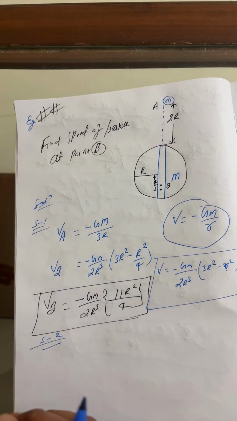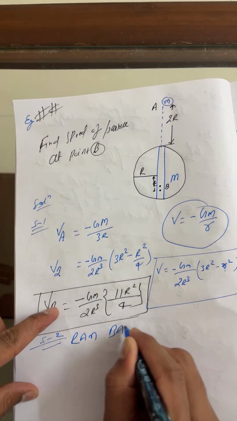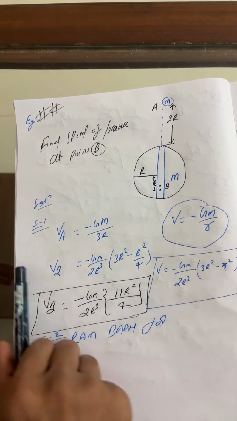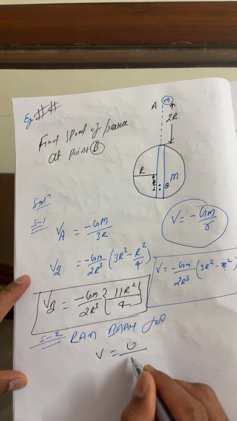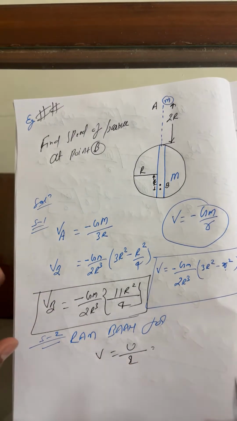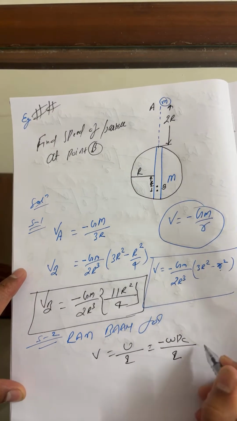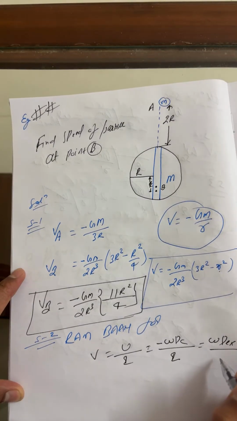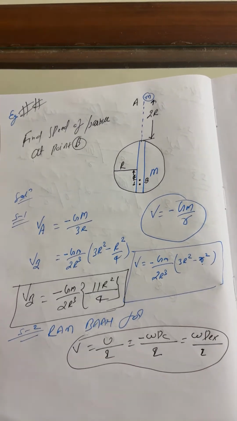If you remember, I gave the formula in the classroom: potential is equal to potential energy per unit charge, minus work done by the conservative force per unit charge, or work done by an external agent per unit charge. This is the part to keep in mind.